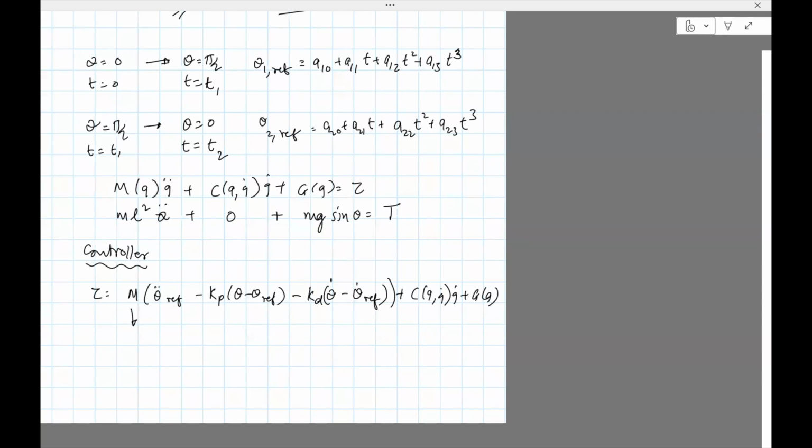Well, obviously you substitute capital M as m l squared, C would be 0 and G would be m g l sine theta.